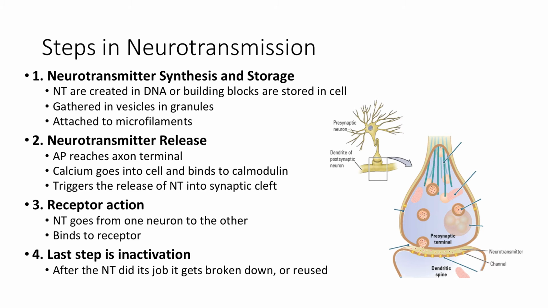Once they have done their job, they're not actually going to go into the cell, but instead, after they bind to the receptor, they will let go, and then they will either be sucked back into the terminal or broken down, or get inactivated. They can also be sucked up by the presynaptic cell, the axon, so they can be reused. Yay, recycling!